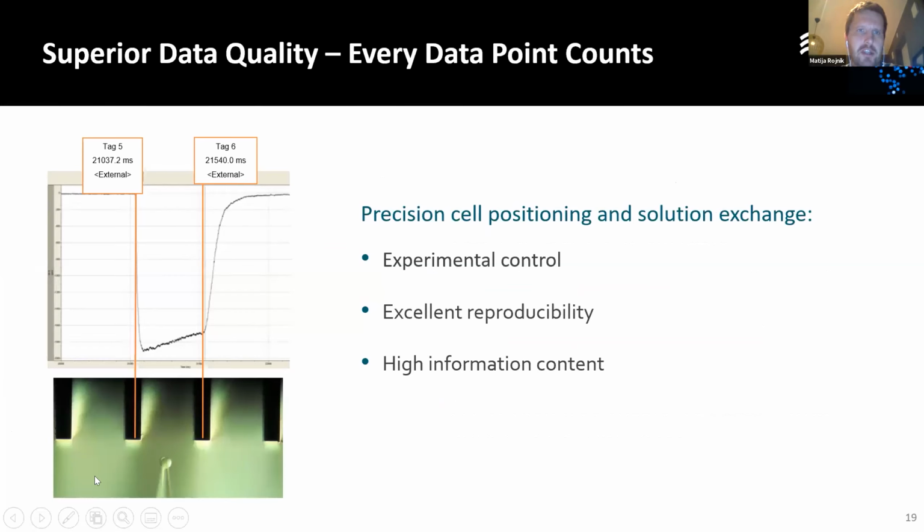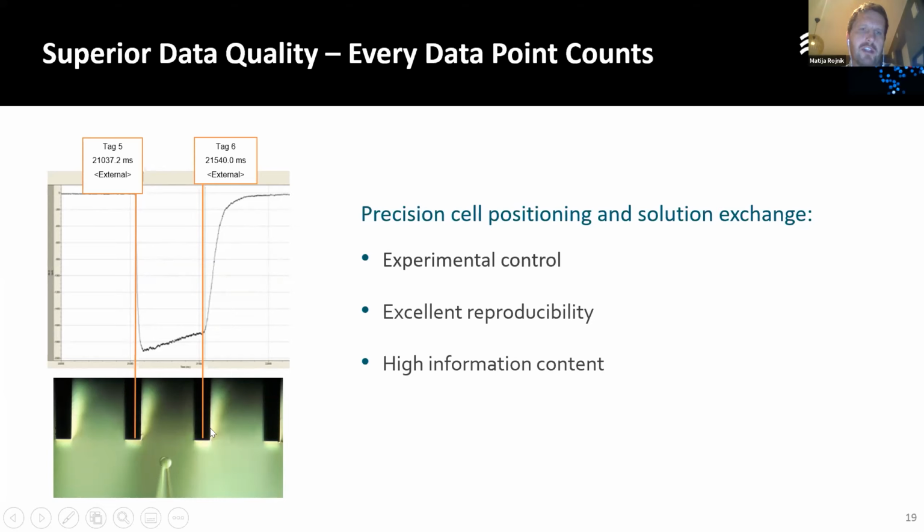And just an image of how this looks under the microscope. You see here a cell on a patch pipette, placed directly in front of one of the 16 channels. You have laminar flow from all of the 16 channels, so the cell in this area is always surrounded by the fluid from the specific channel.